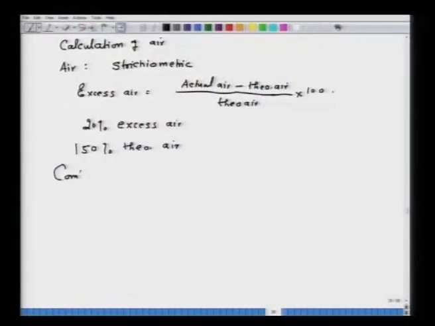Also, we will take the composition of dry air as 79% nitrogen plus 21% oxygen.